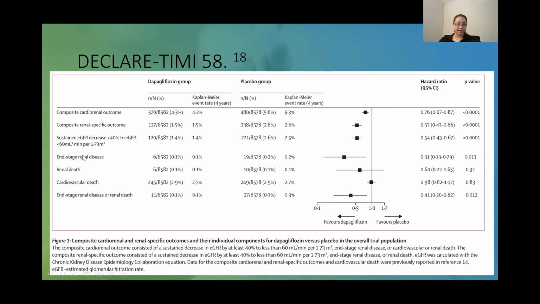Oh, also the end-stage renal disease. This one also showed a significant difference favoring dapagliflozin over placebo.